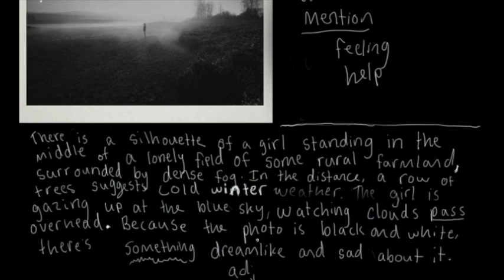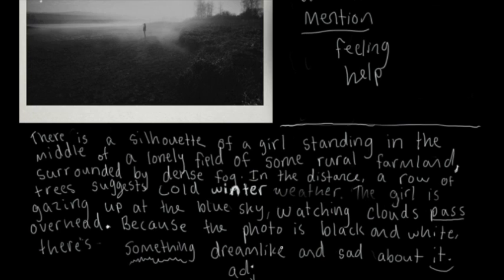Because the photo is black and white, there's something dreamlike and sad about it. Okay, so if you're ever not totally sure what that quality is that makes it dreamlike and sad, or whatever, then you can just say something and then use the adjectives you want to use, dreamlike and sad, about it. It is the photograph, right? Because the photo is black and white, there's something dreamlike and sad about it.